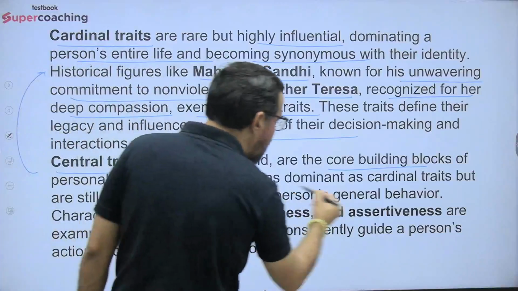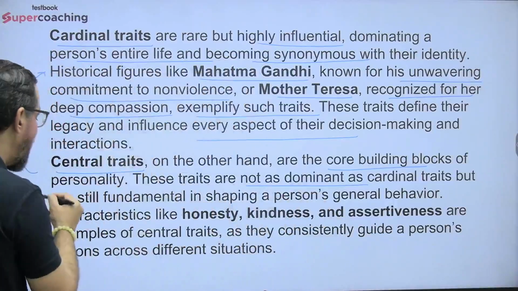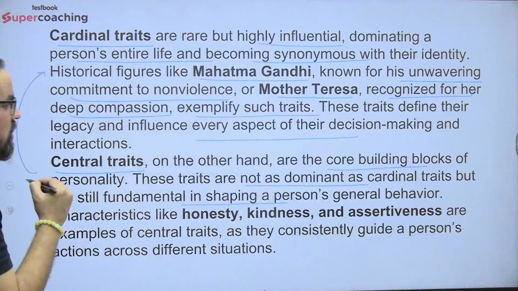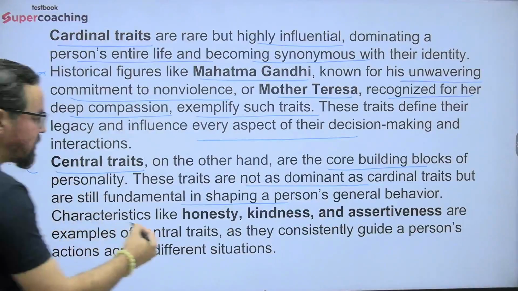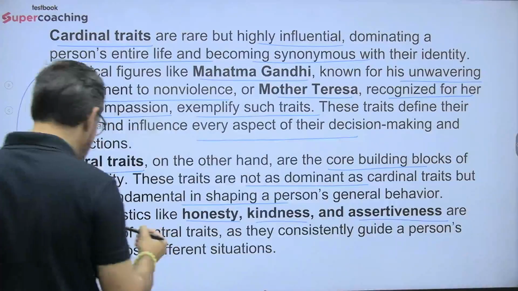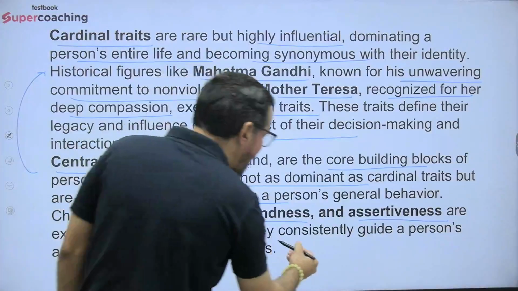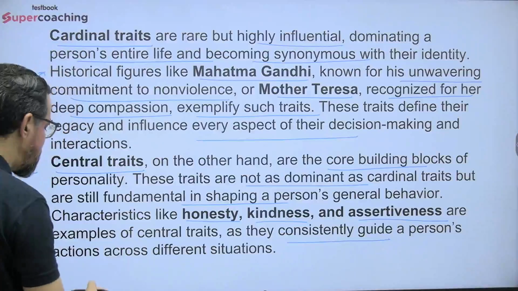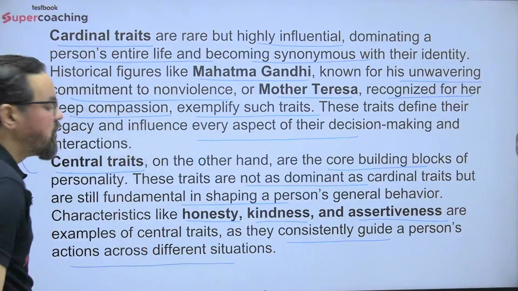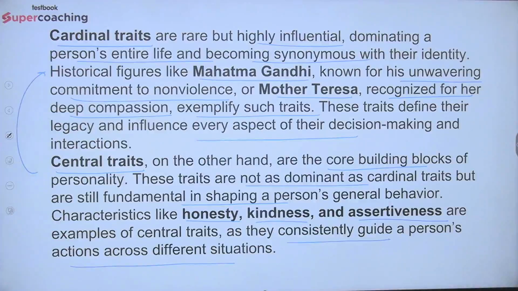These traits are not as dominant as cardinal traits, but are still fundamental in shaping a person's general behavior. Characteristics like honesty, kindness, and assertiveness are examples of central traits, as they constantly guide a person's actions across different situations. Okay, so these are the central traits.